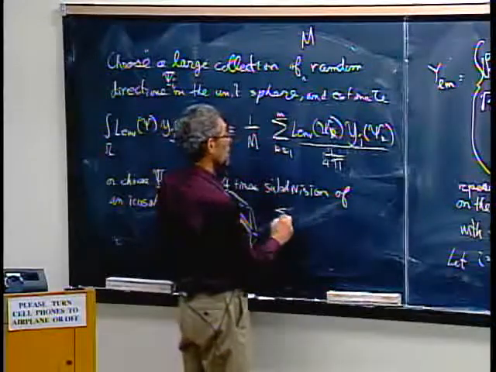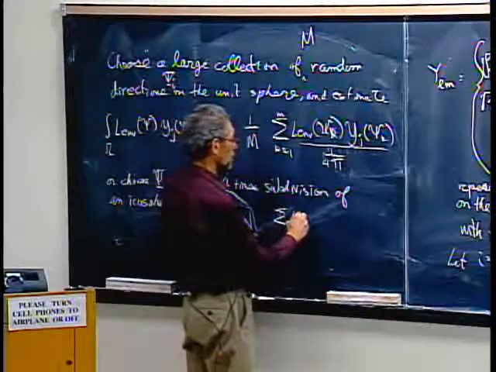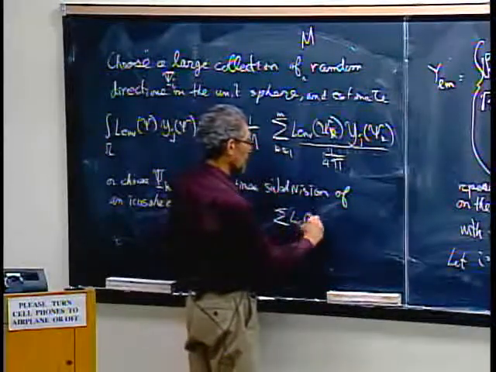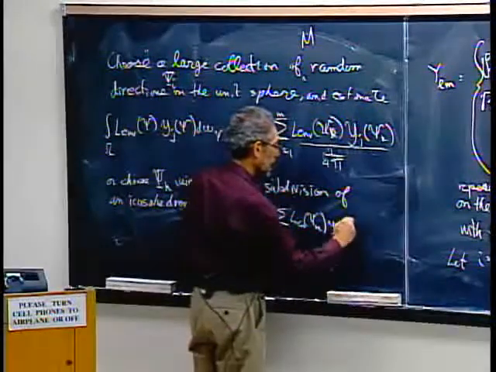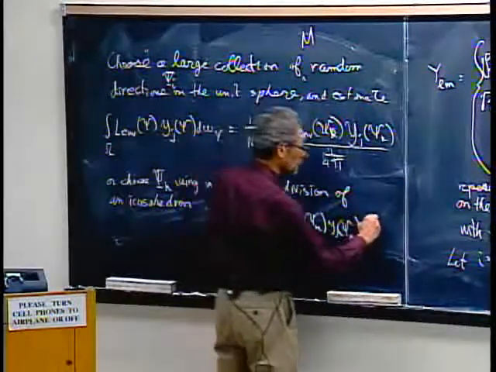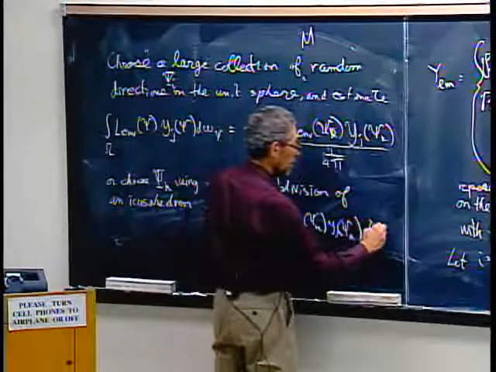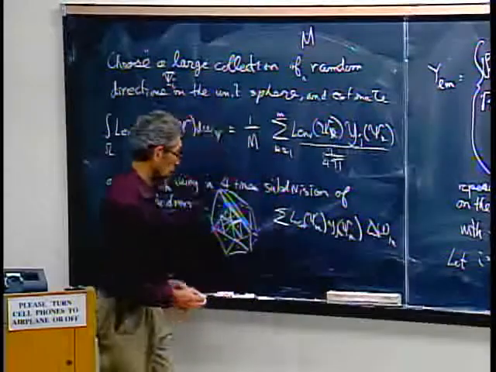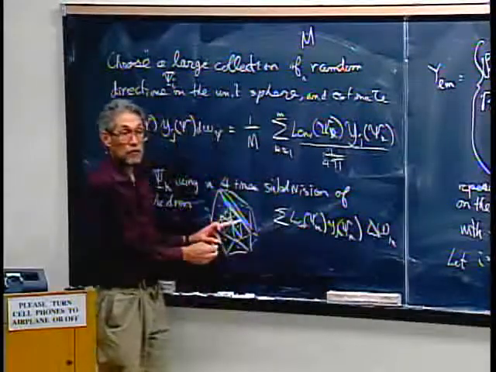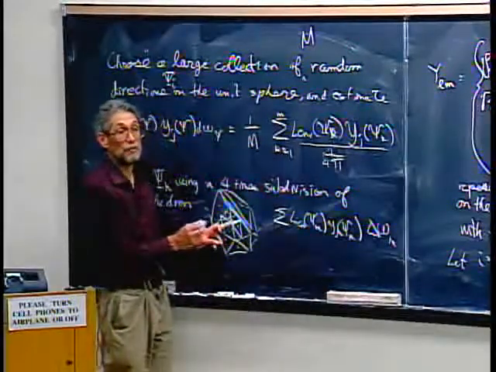the sum of L_environment of psi_k, Y_j of psi_k, times the solid angle, where you're computing the solid angle of the spherical triangle. Does anybody know the formula for the solid angle of a spherical triangle?